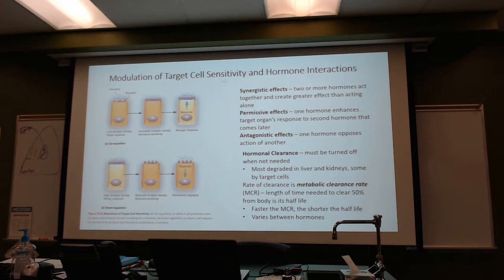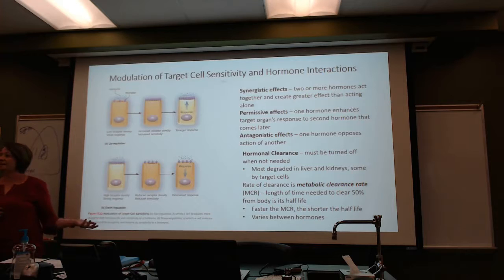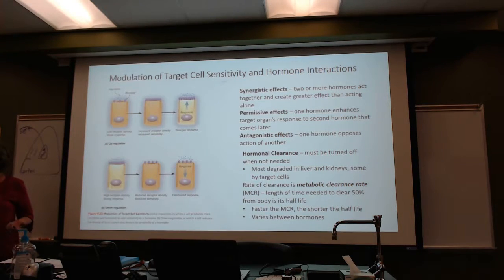When we deal with the chemicals in the body, one of the things that has to happen, there have to be target cells. Not every cell of the body has a receptor for every hormone.